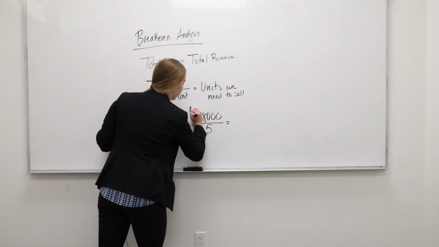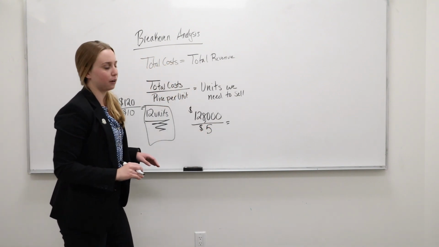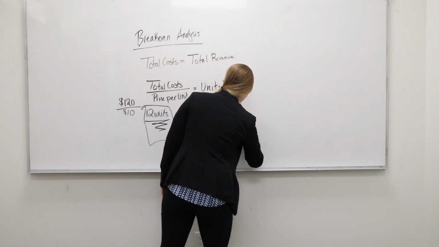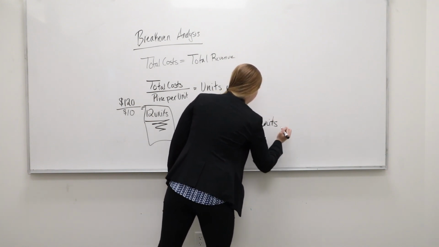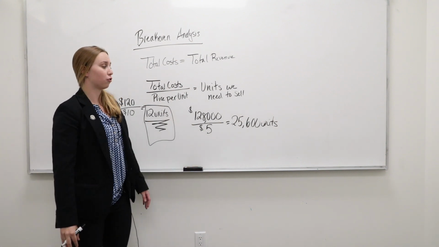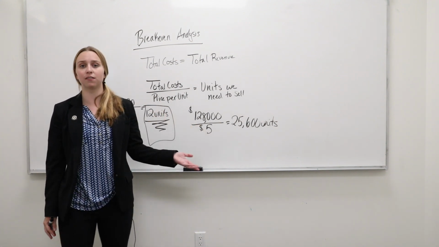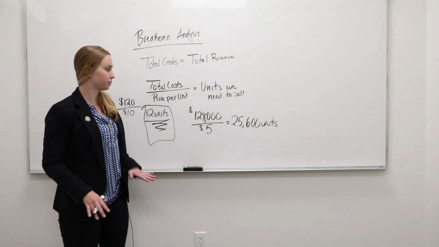So remember that this is money and this is money, and this will give us the units at the end. And we get 25,600 units. But obviously I'm not dealing with units, I'm dealing with pineapples. So I need to sell 25,600 pineapples in year 1 in order to break even.